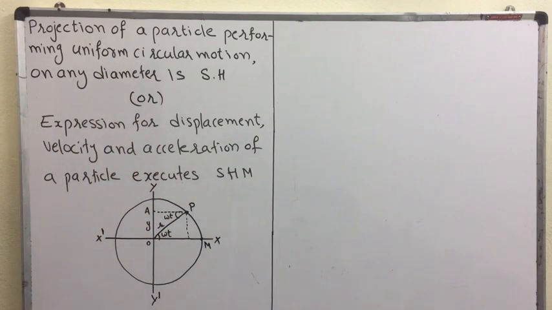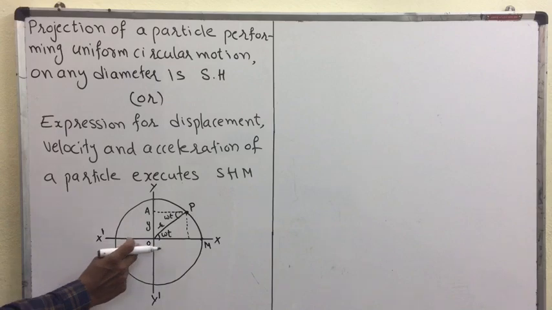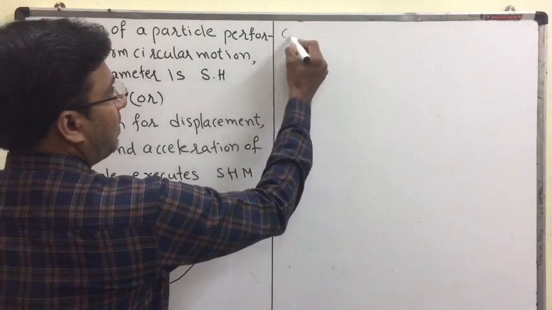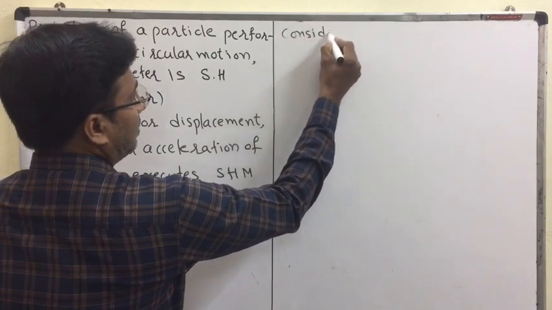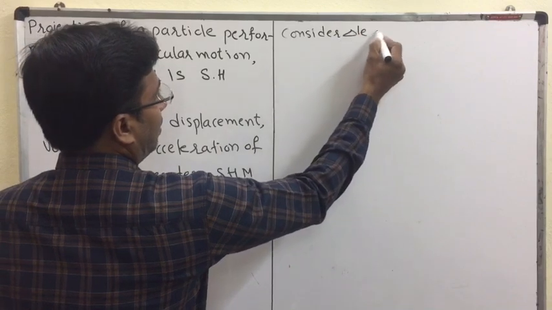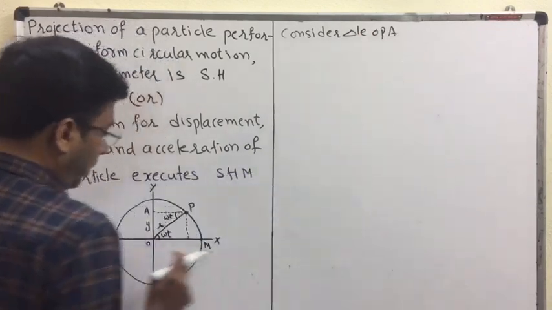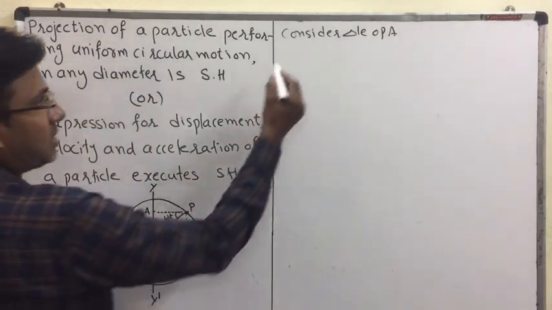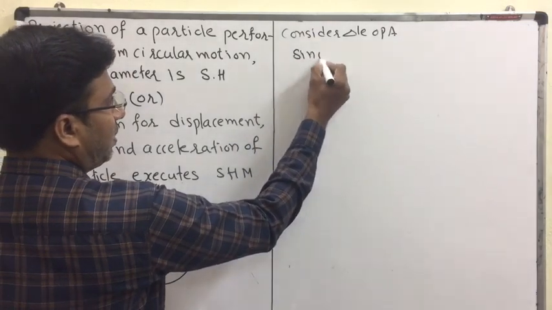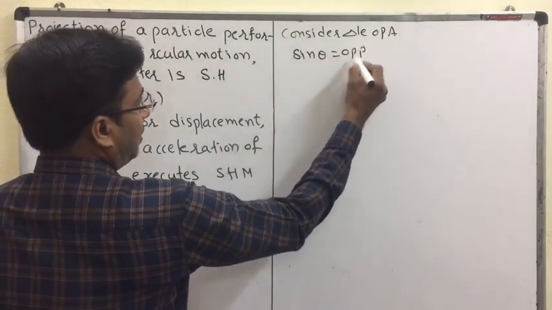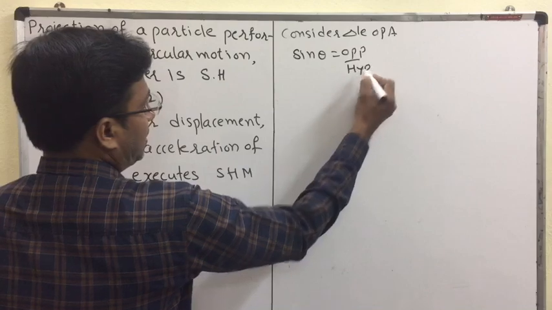To derive the displacement of the particle, we have to consider the figure. From the figure, consider triangle OPA. Here in triangle OPA, sin theta is equal to opposite by hypotenuse.